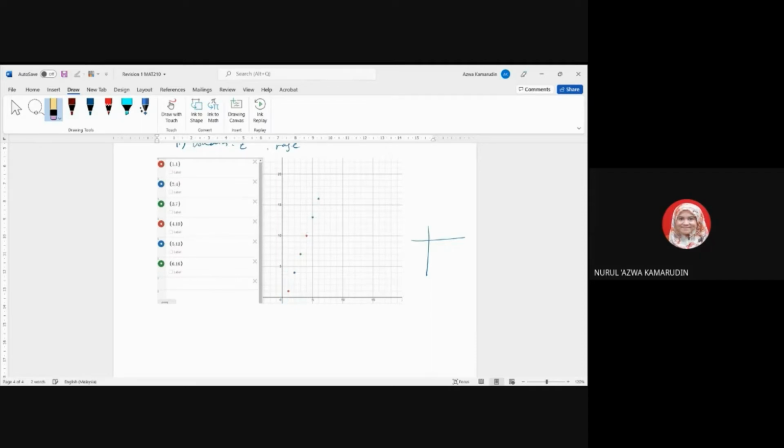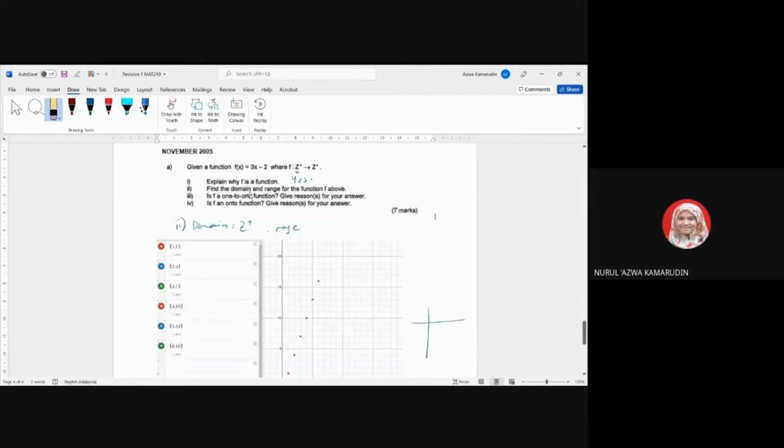Here it does not ask you to draw. It asks you to find the domain and range.